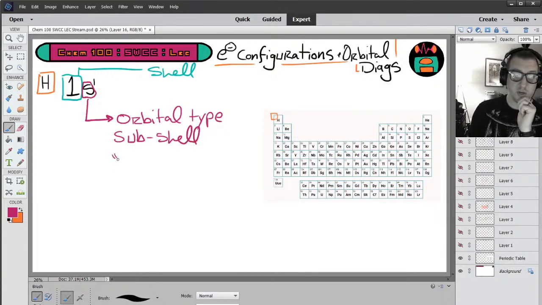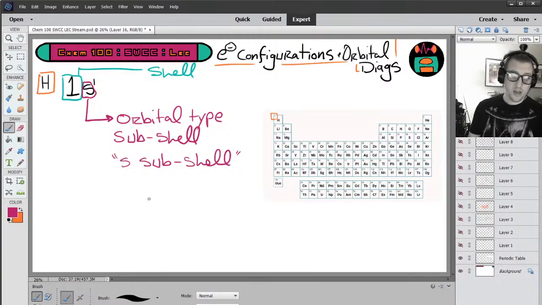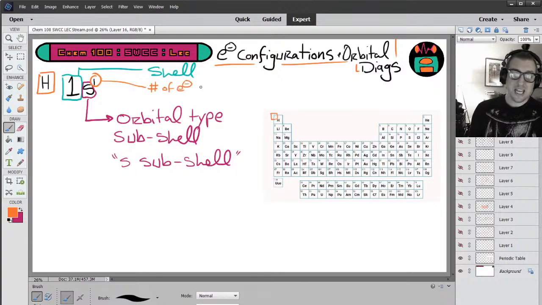So we would say that this is literally the S subshell. All right, this electron is in the S subshell on the first shell. Finally, this superscript right here tells you the number of electrons in that subshell.